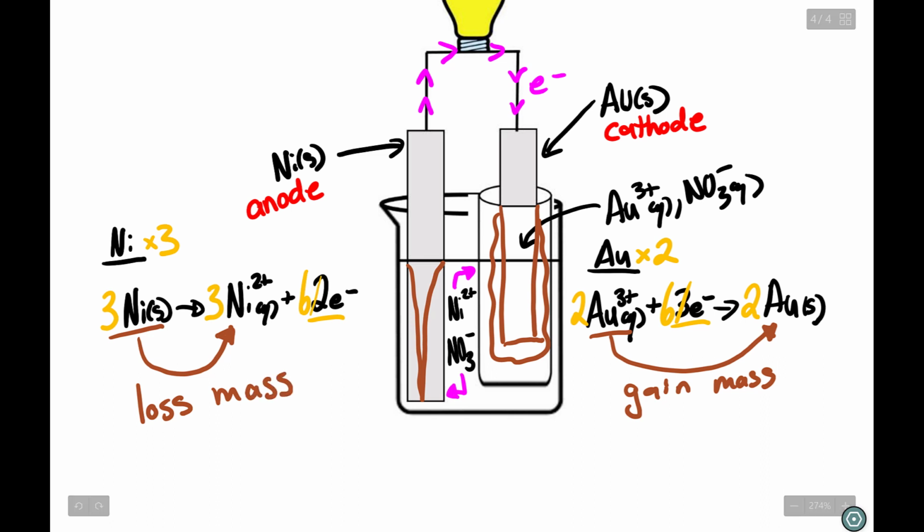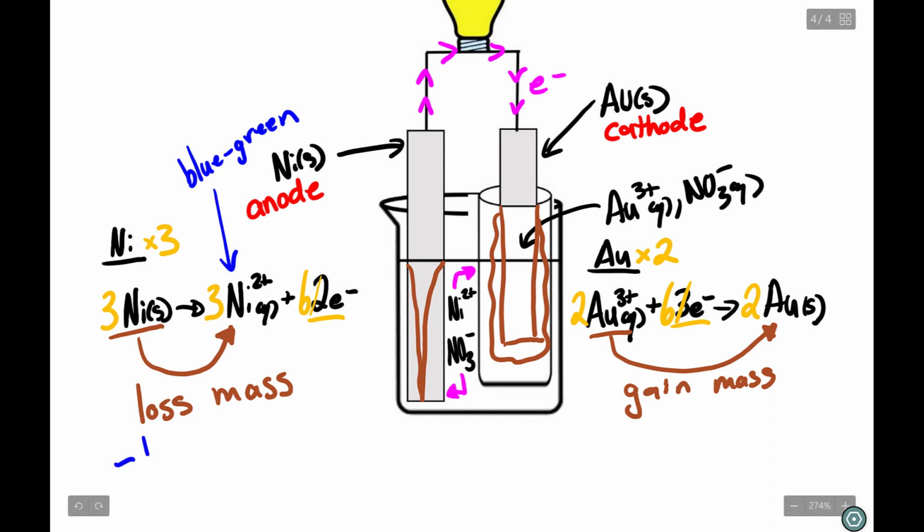Now the other thing that's going to happen here is nickel has a color. Nickel 2+ ions, I believe, are a bluish green color. And so if I'm producing more of the nickel 2+ ion, the solution which the nickel 2+ ion is in is going to get darker.